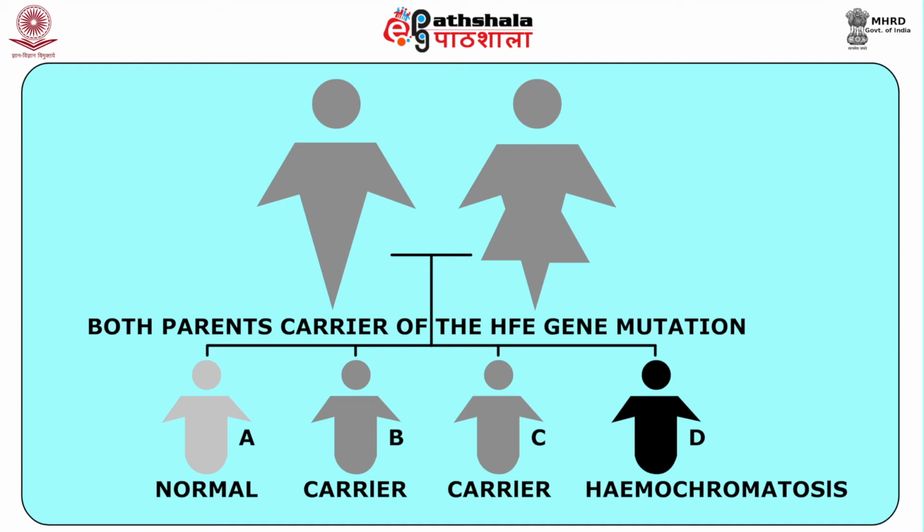As shown in figure, if both the parents are carriers of the HFE gene, then their children may either be normal or carriers or may develop this disease hemochromatosis in case when they inherit both the copies of the genes, and this has been labeled in black.